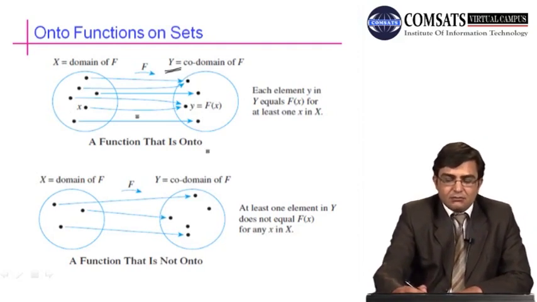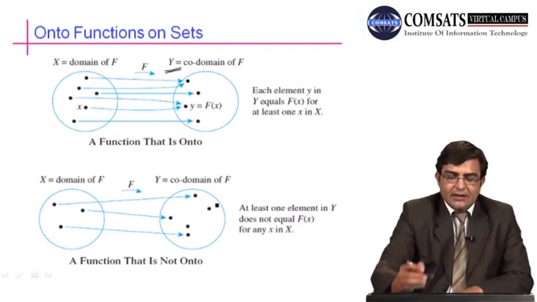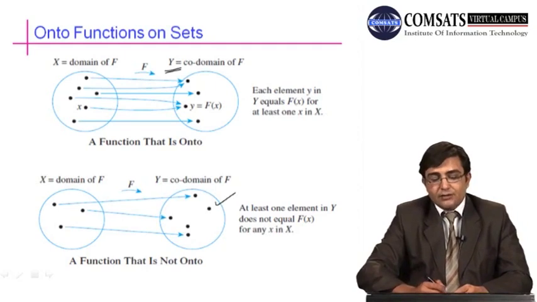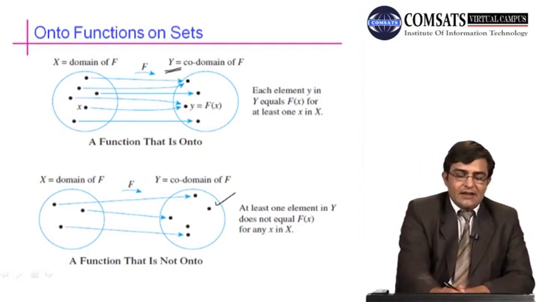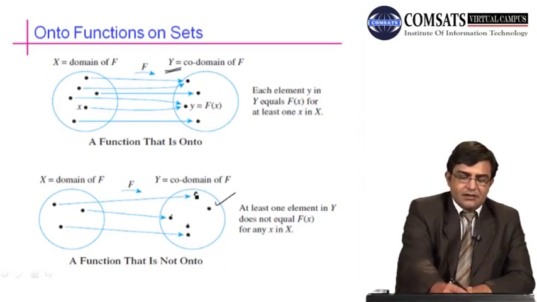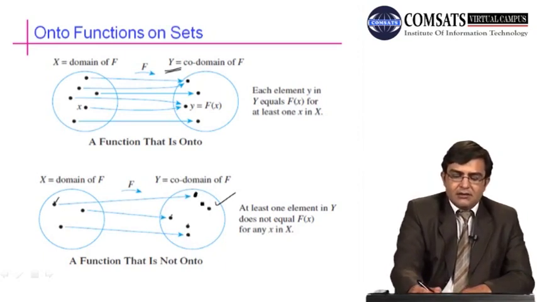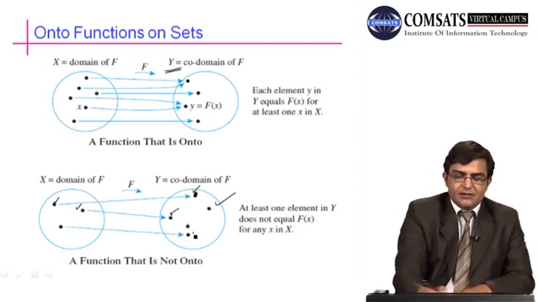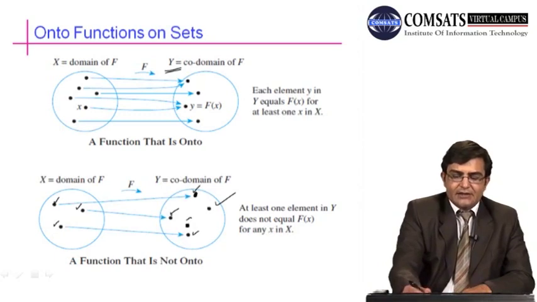If there is some element, for example, in this arrow diagram, the domain has 3 elements, and your codomain has 1, 2, 3, 4, 5 elements. Now here the first element has this preimage, this element has this preimage, this element has this preimage, but there is this element and this element.